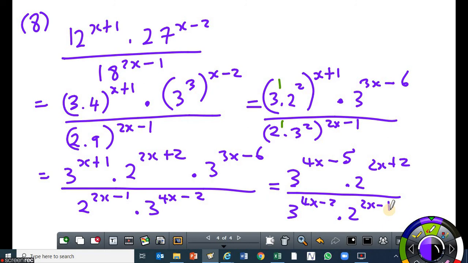If you are dividing bases that are the same, you subtract the exponents. Not cancelling out bases. What do you mean by cancelling out bases? Yeah, but you see, cancelling out bases is not really the proper language. Okay? So let's get on.